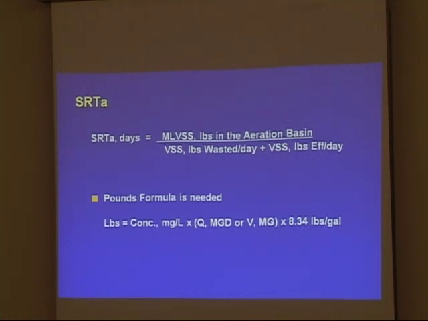It's basically the same as the regular SRT calculation, except that the volume used for your reactors is only the aerobic one. And I think you guys are pretty much familiar with the pounds formula, 8.34 times million gallons, or volume, times your concentration in milligrams per liter. And that's what you end up plugging in to get your pounds for your MLVSS, to be divided by your VSS wasted per day, plus any VSS that you lost in your effluent per day.